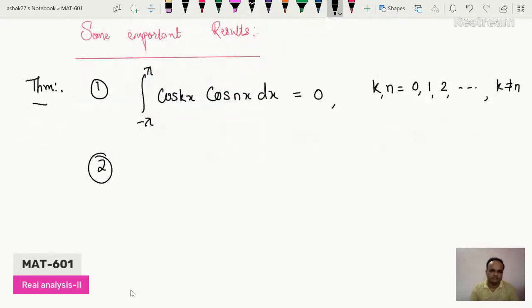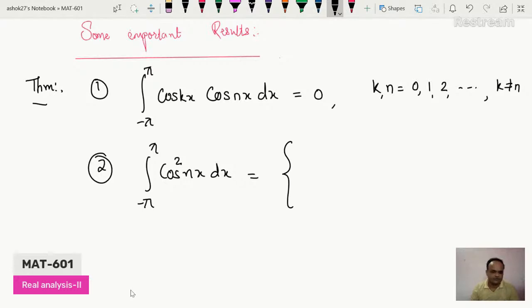Second result, integration from minus pi to pi of cos square nx dx. So if this k and n are equal, then what happens? In that case, that will be just cos square nx. So what is that integration?